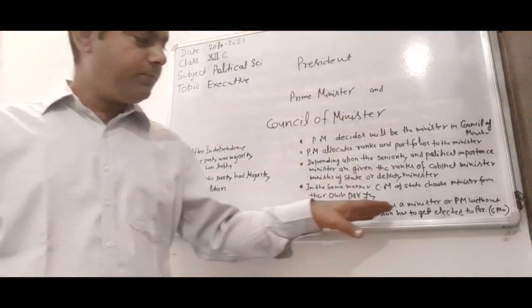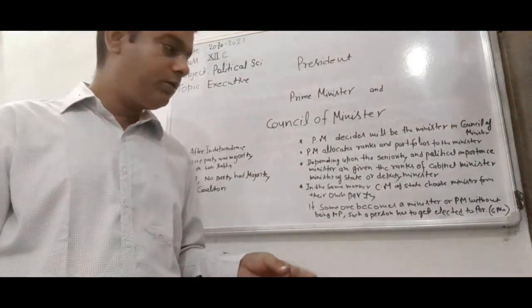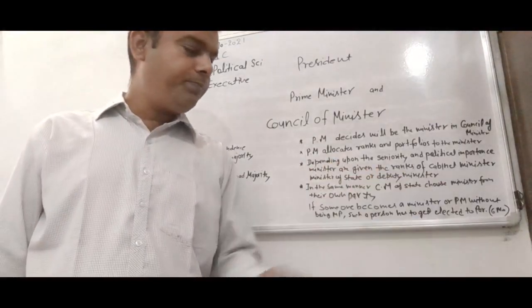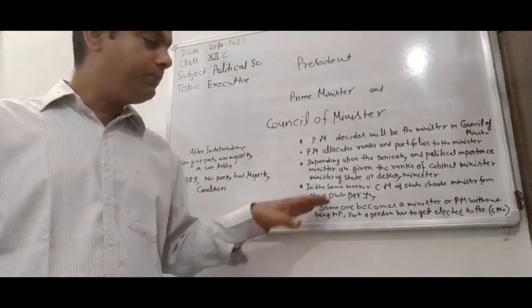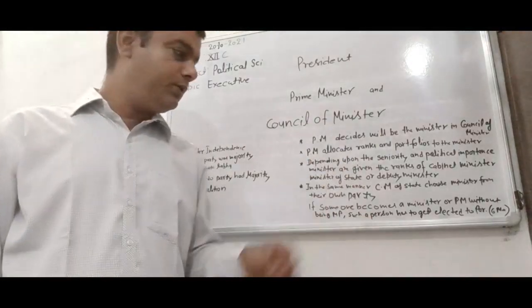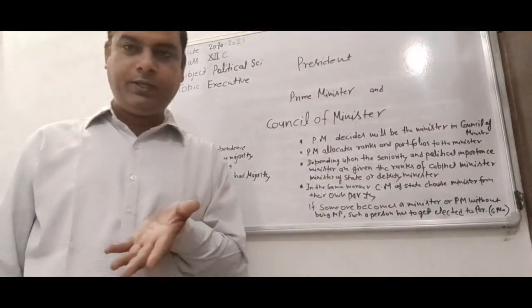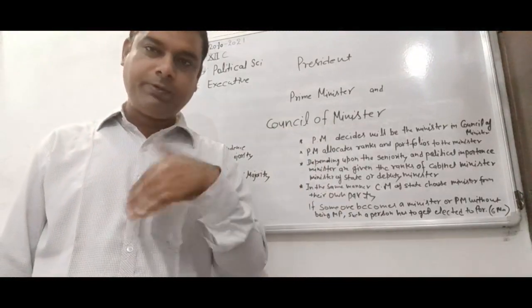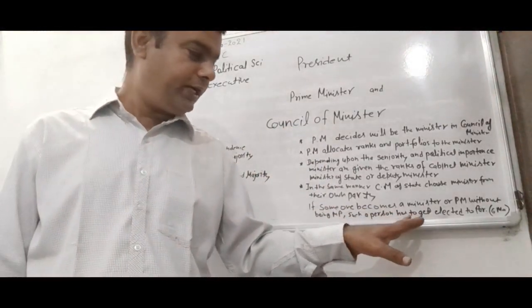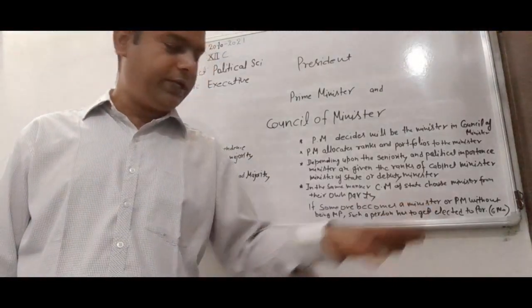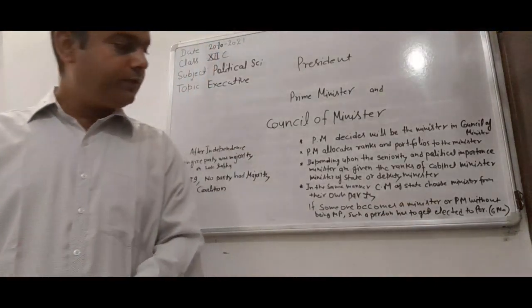If a person who is not an MP becomes a minister or PM, he has to get elected within 6 months.